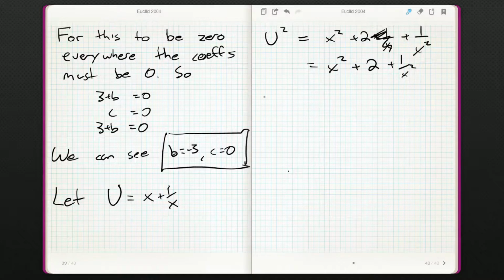Okay. So u squared minus 2 is x squared plus 1 over x squared. That's something interesting to note, that if you raise it to an even power, you'll get some integers in there.